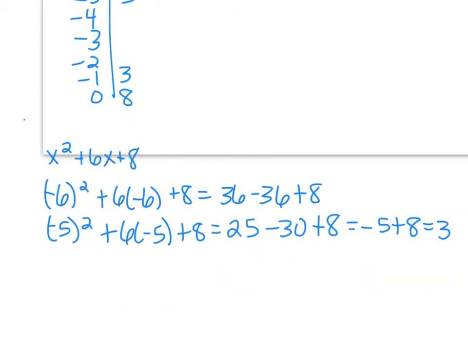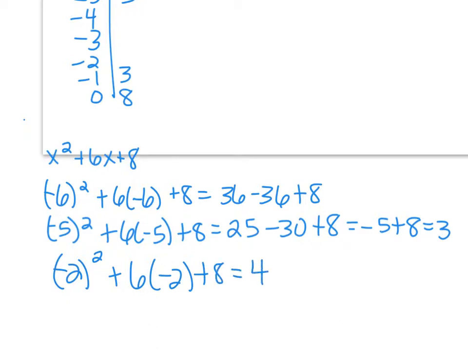Now I'm going to go ahead and do negative 2, so I don't have to do 4, because they should be the same thing. Negative 2 squared plus 6 times negative 2 plus 8. So that's positive 4 for negative 2 squared, and then 6 times negative 2 is negative 12 plus 8, and we get negative 8 plus 8 is equal to 0.